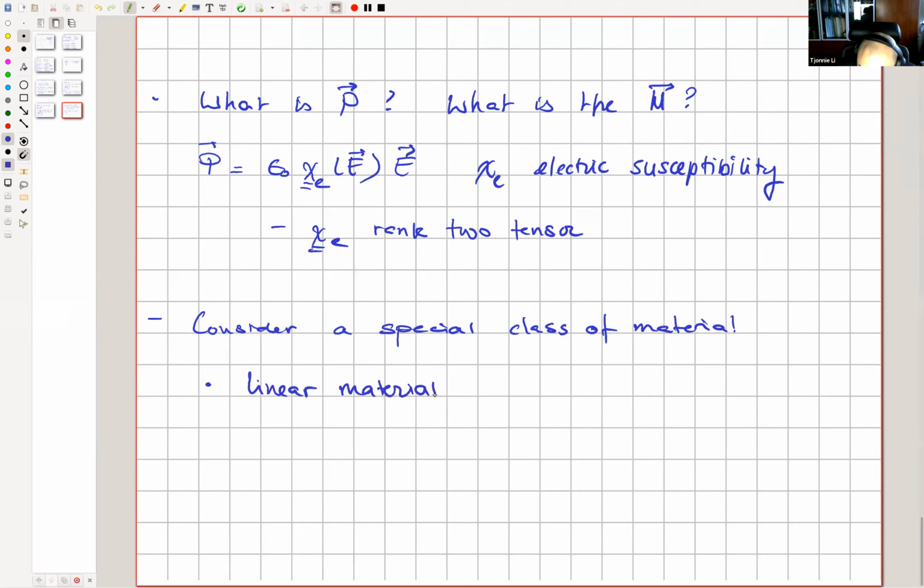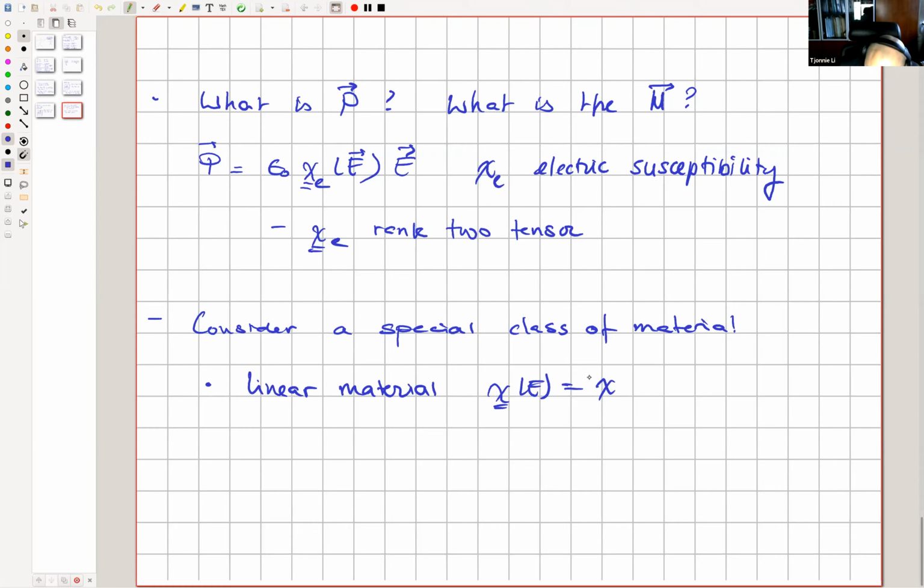What do I mean by linear material? That is that the rank 2 tensor is actually replaced by some constant. Okay? So in this case, chi is just a constant. So the P polarization either points alongside with the E field or in the opposite side, depending on whether chi is a positive constant or a negative constant.